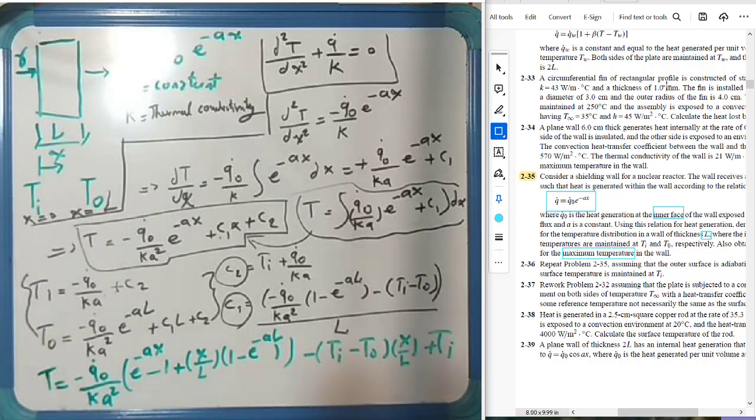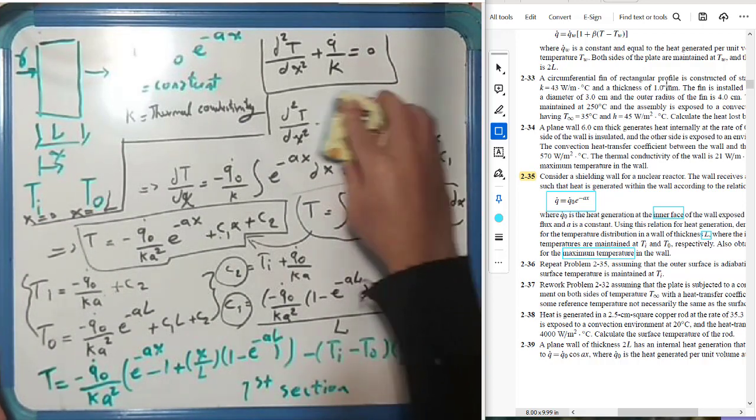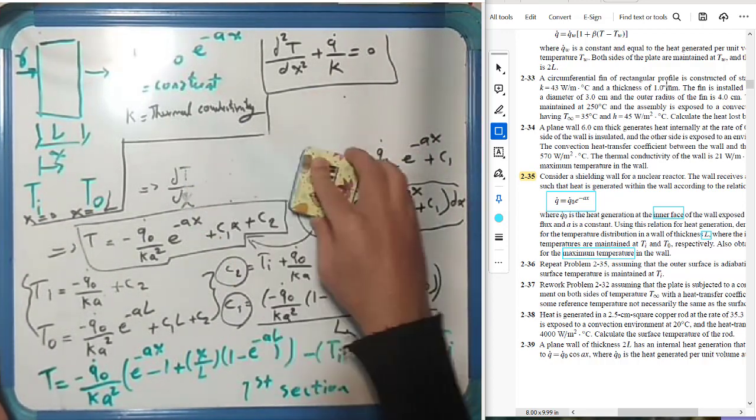This is the main formula for temperature, the relationship for temperature. So this is the first section of the question. But about the second section of the problem, let me erase this one because I didn't need it.